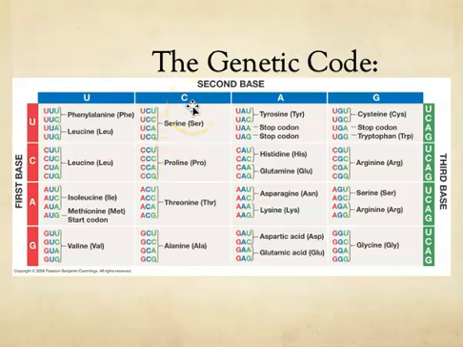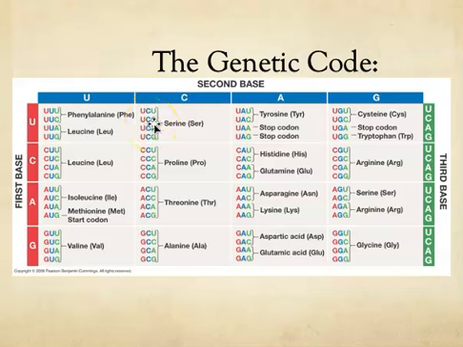If the ribosome comes upon a codon with the sequence UCU, remember that's in the messenger RNA, it will decode that as serine, and a serine amino acid will be placed at that location in the polypeptide.